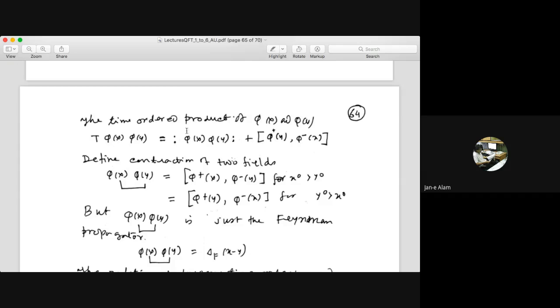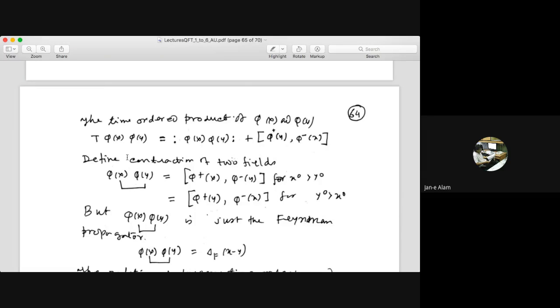Because this is normal ordering, and the annihilation operator is always on the right of the creation operator. So when I take the vacuum expectation value, this annihilation operator will kill the vacuum, so it will give me 0. And then only this commutator part will survive.